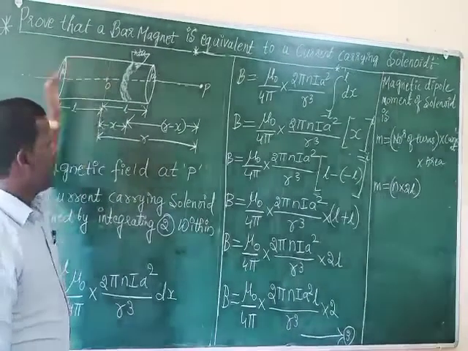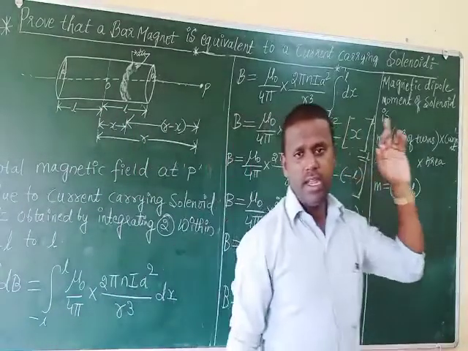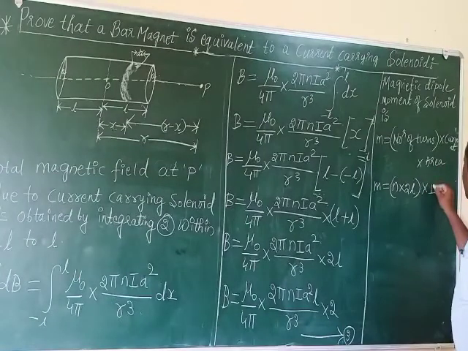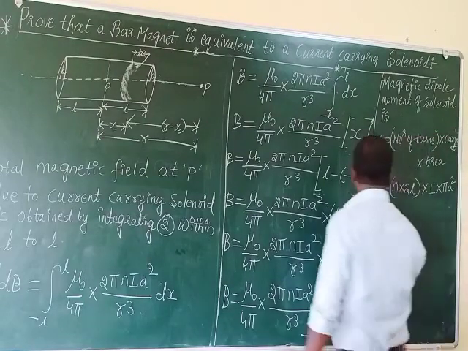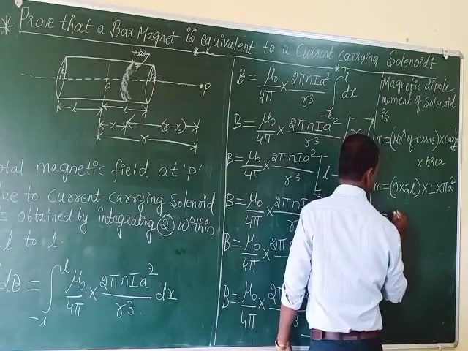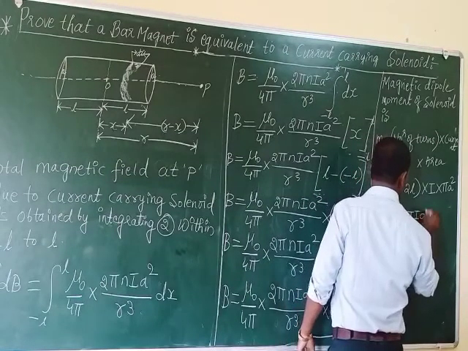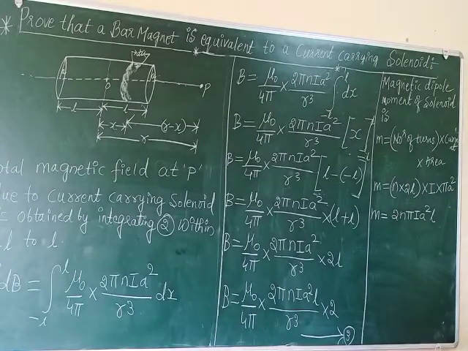You took n into dx for the current element. So n into 2l into I into area, pi a square. m equals 2n pi I a square l.